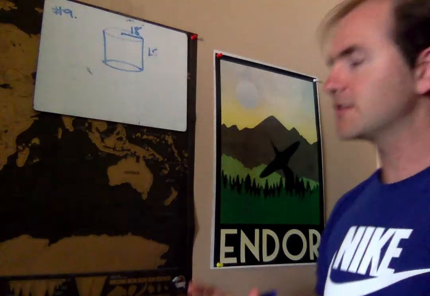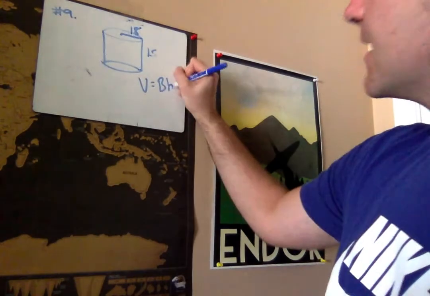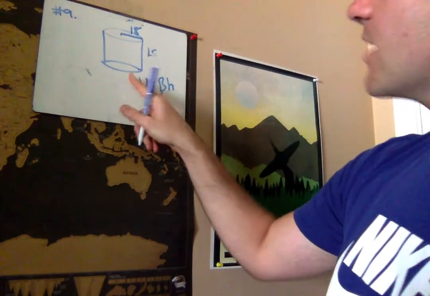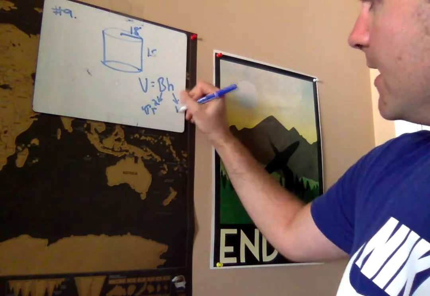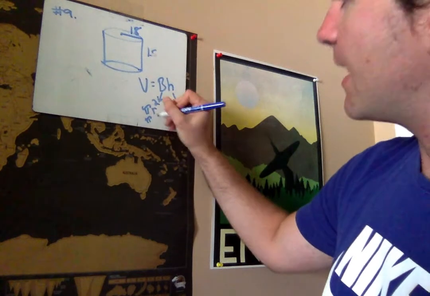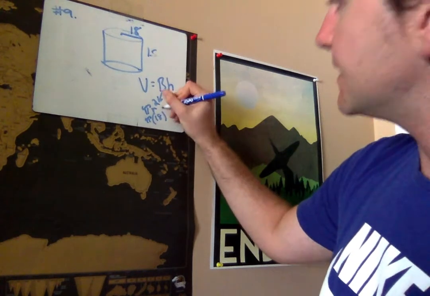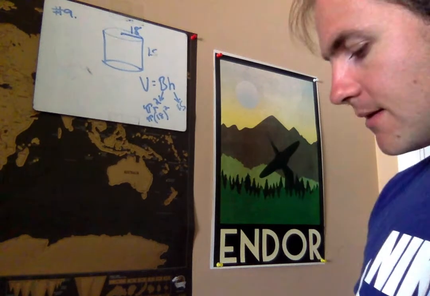So now, to find the volume, I just write my basic formula, which is area of the base times height. Now, do I know what shape the base is? Yes, I do. The base is a circle, right? So all I have to do is find the area of that circle, which is going to be pi r squared, so pi times 18 squared, and the height they already gave me was 15.